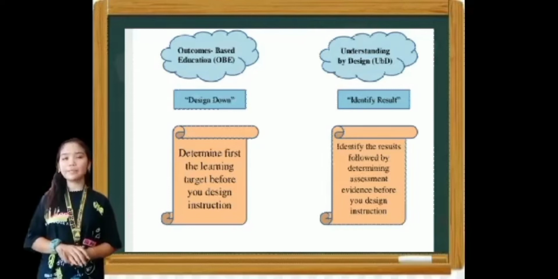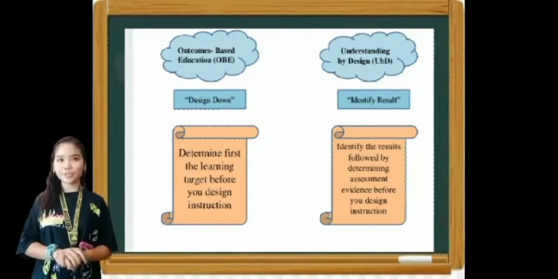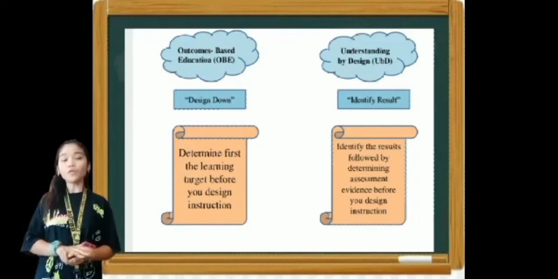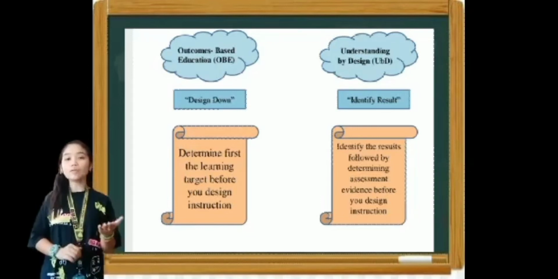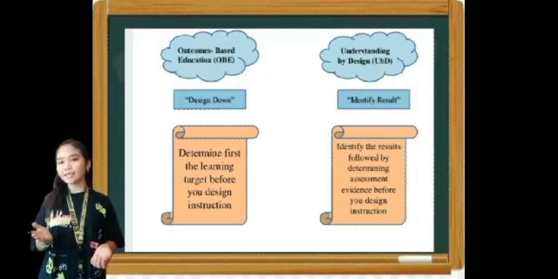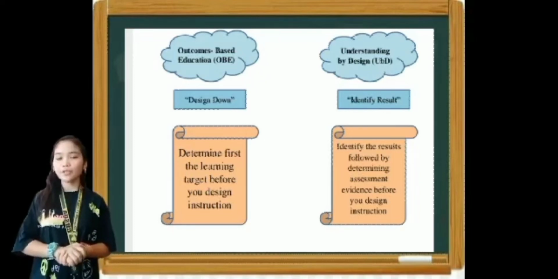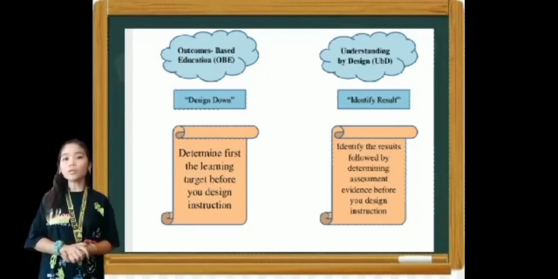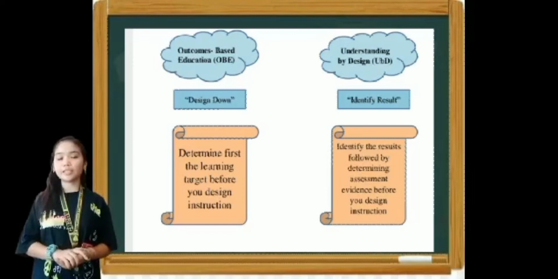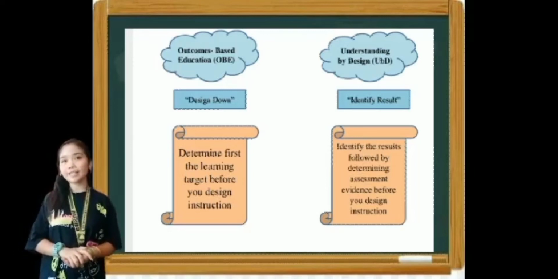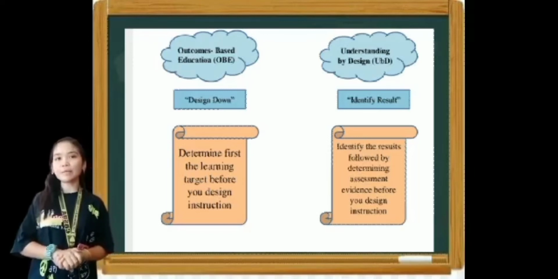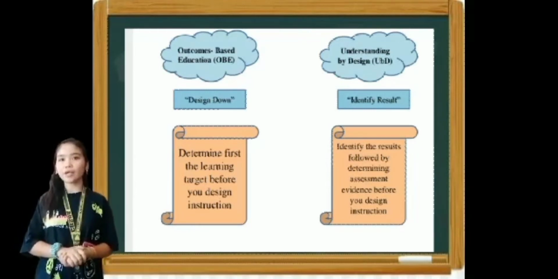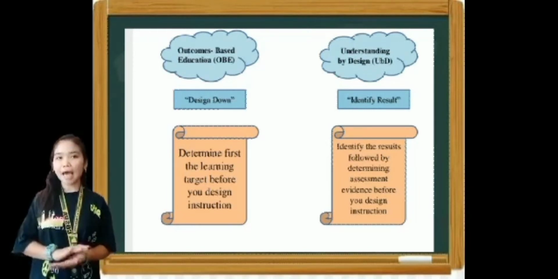Instructional planning and development have two practices of instructional planning. First, we have outcome-based education, and the second one is understanding by design, or the UBD. Outcome-based education is a design down, which determines first the learning target before you design instruction.